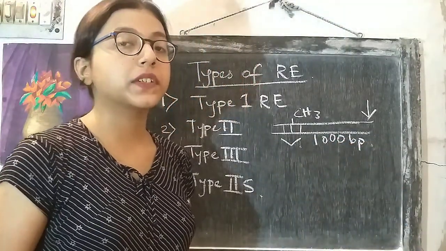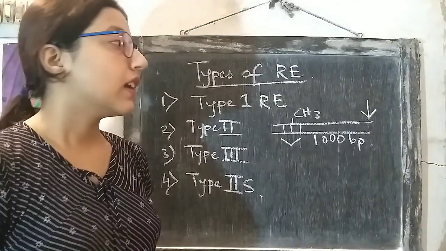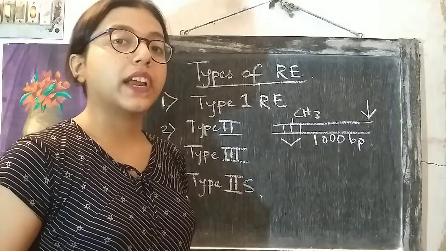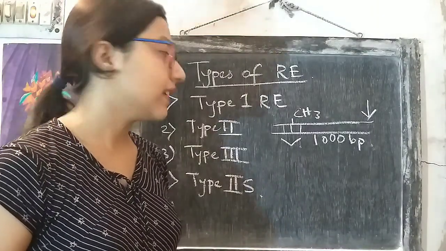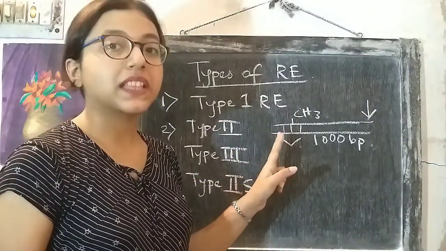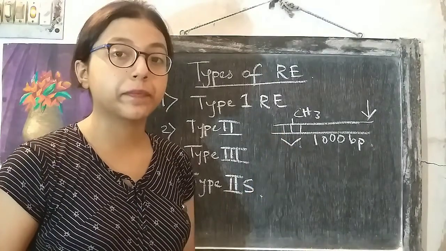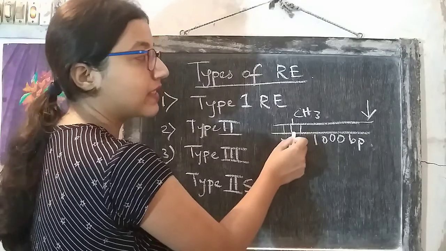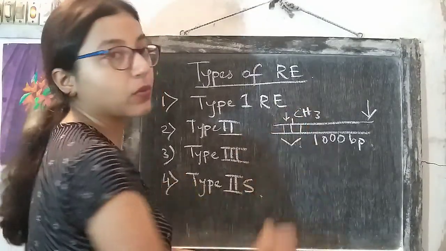So this is the property of type 1 restriction endonuclease. Now the type 2 restriction endonuclease, the advantage with it is that the site of recognition, methylation and site of cleavage are the same. Type 2 restriction endonucleases recognize this sequence as well as cleave this sequence only.